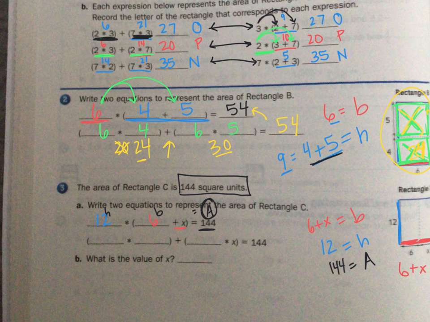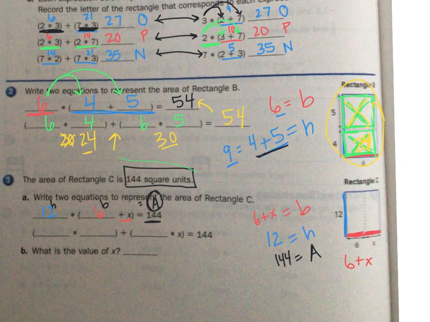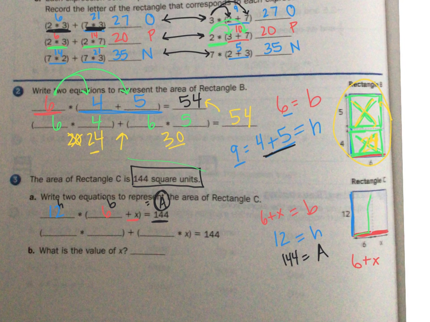Now, some of you can look at this point and say, ooh, I know that 12 times 12 gives me 144, and you can solve it that way. You're absolutely correct. You could do that. However, I'm going to show you distribution, because eventually when we get into algebra, you're going to need to know how to do this. So if I go over here to my picture, I could find this part right here by taking 12 times 6, right?